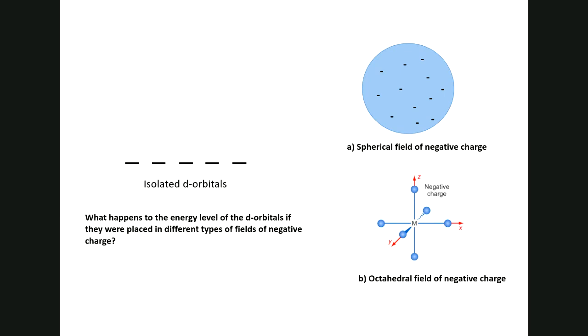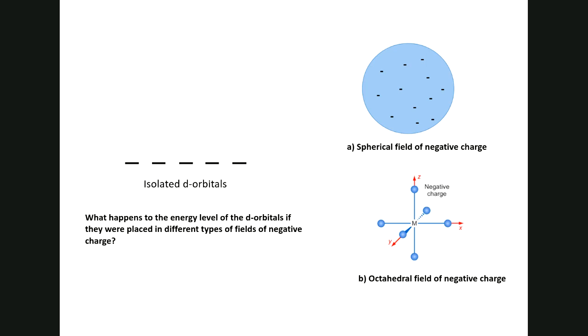All right, so let's go. If we have my isolated d orbitals, they are degenerate. And the question now becomes, what happens to the energy level of my d orbitals if they're placed in a different type of negative charge?